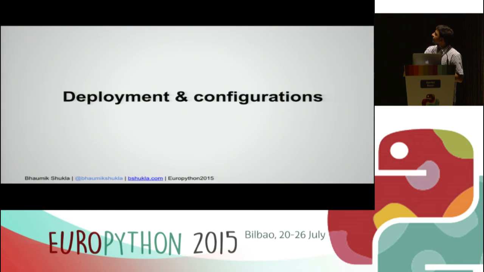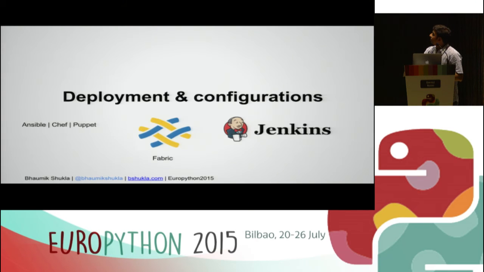So deployment and configurations are the two most important things after the development. When you want to check out a repository in the cloud, remotely access the server, and execute some commands through SSH, a few tools are there, like Fabric, which we use.